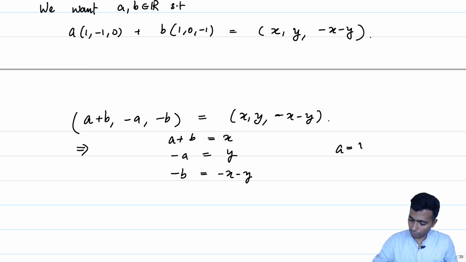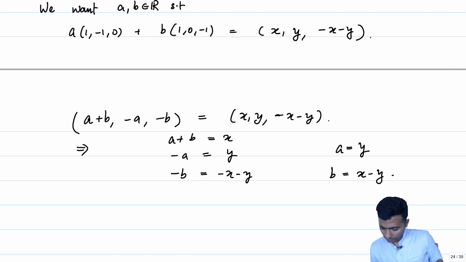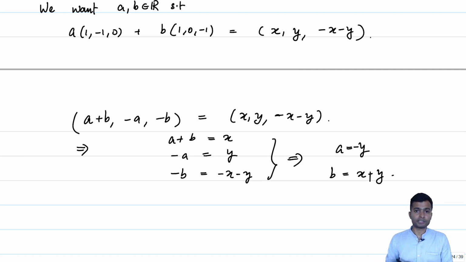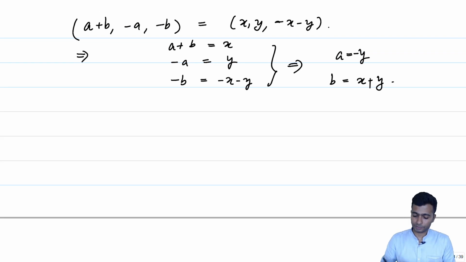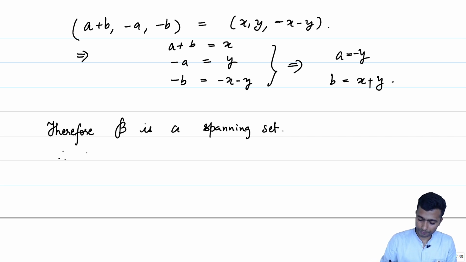Therefore, A is equal to minus y and B is equal to x plus y, and therefore, yes, we have the spanning property here. So, B is a spanning set, and therefore a basis.